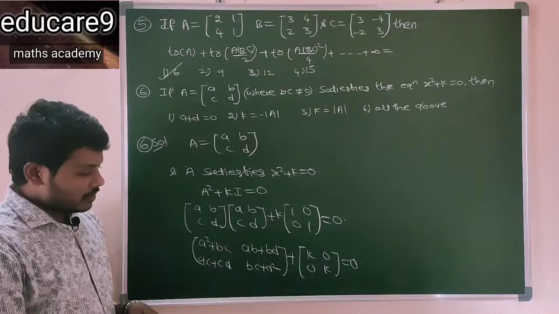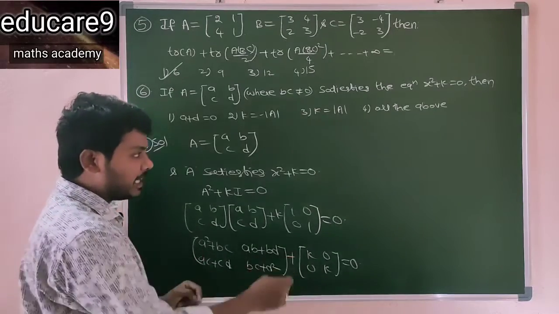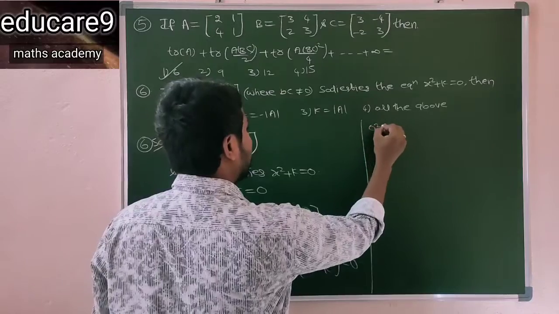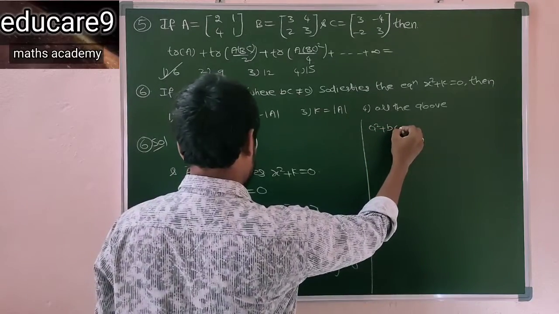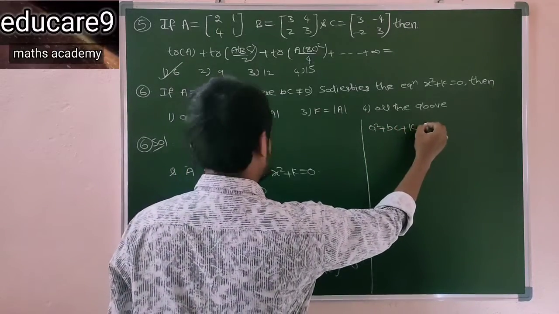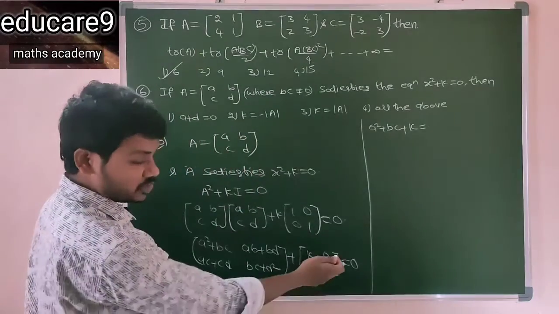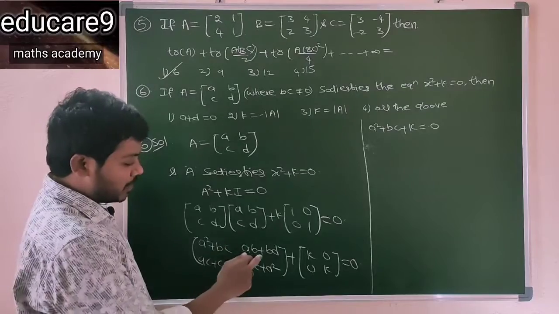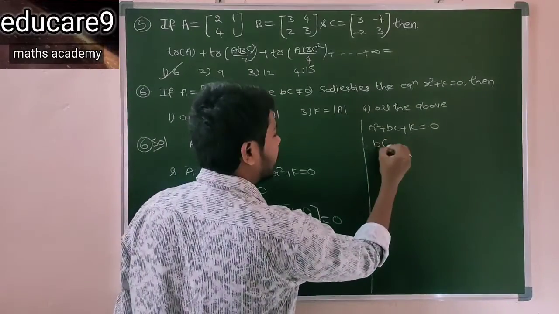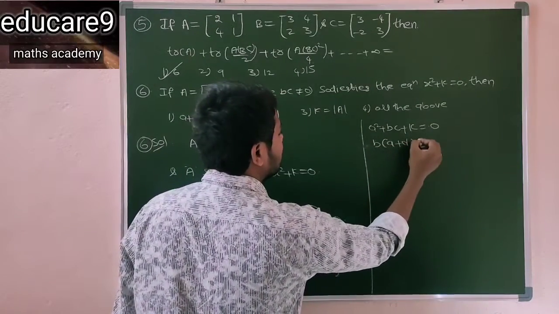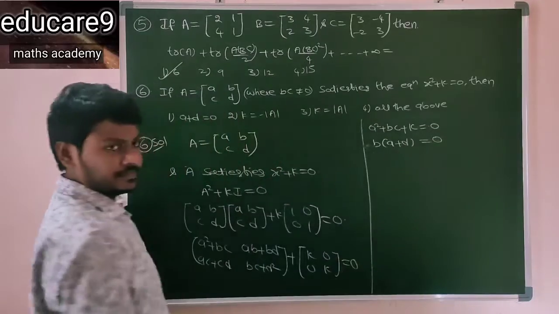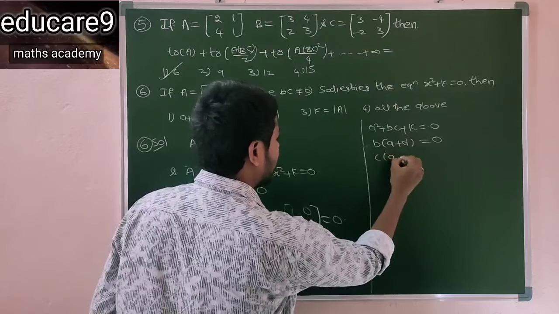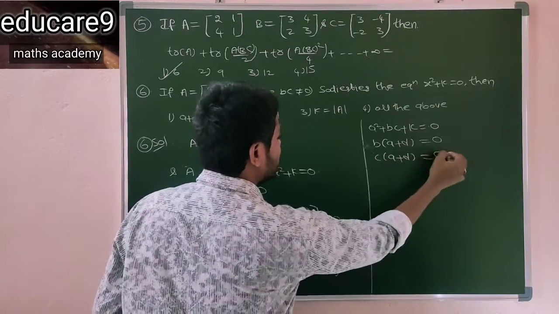Now see, here are the corresponding elements. What you get: A square plus BC plus K equals 0. The next one, B common, we get B times (A plus D) equals 0. Next one, C times (A plus D) equals 0.